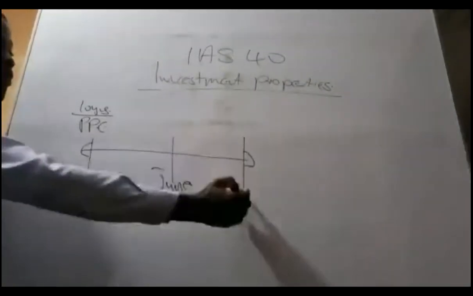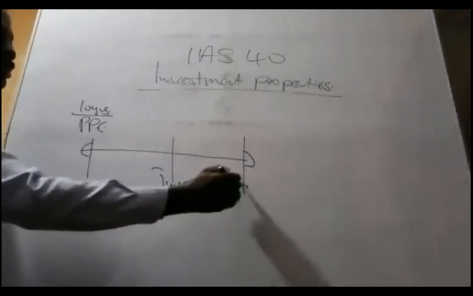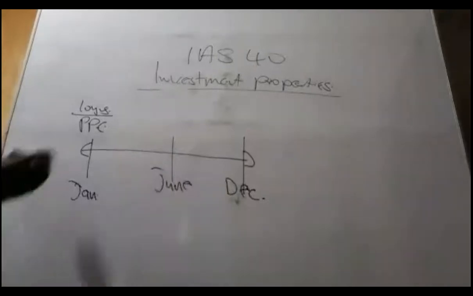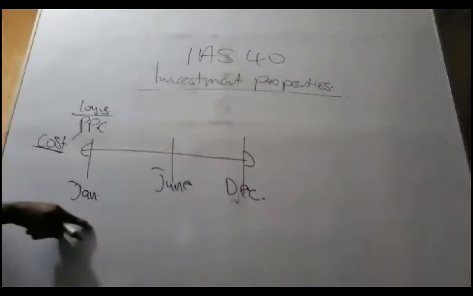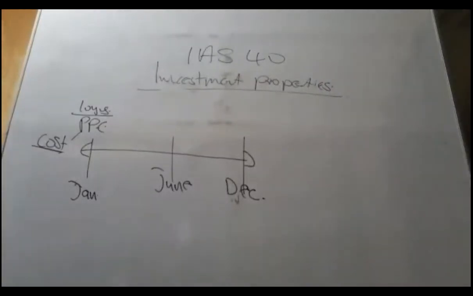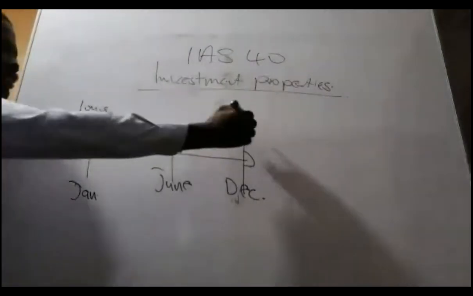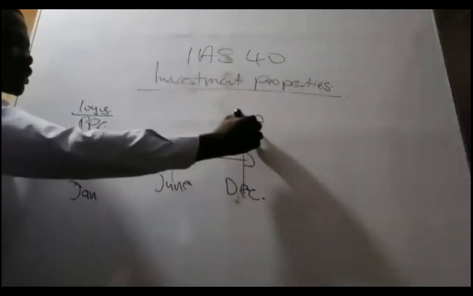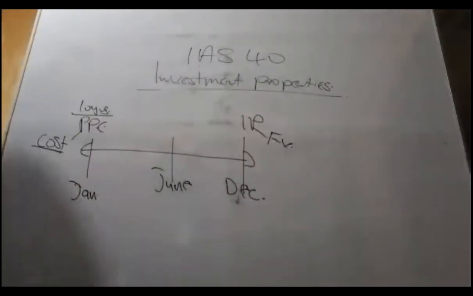Then at the end of the year, December, how do you value it? Here we assume that you are going to use the cost model for PP, but the examiner will tell you. I'm just assuming because I'm picking from that difficult section. Then when you transfer to investment property, I'm assuming you are going to use the fair value model. So that is a transfer from cost to fair value model.